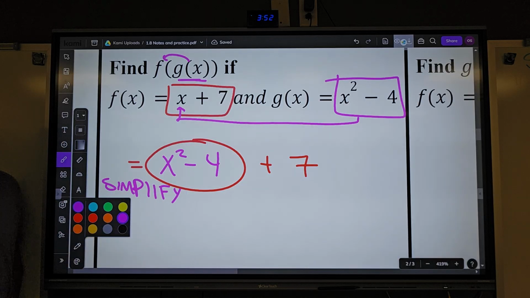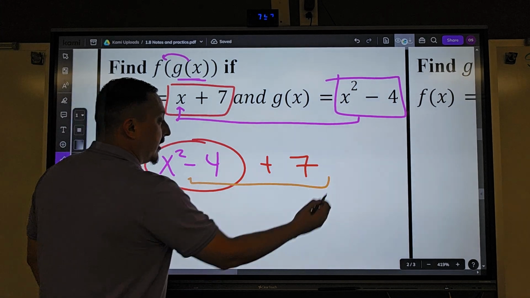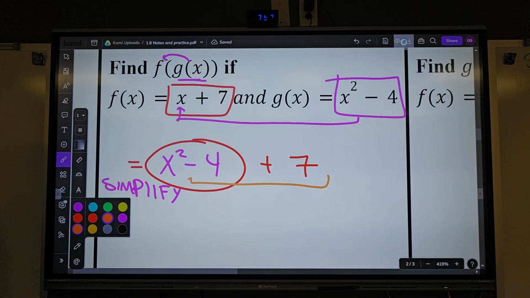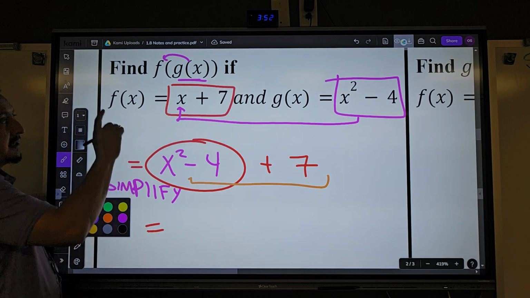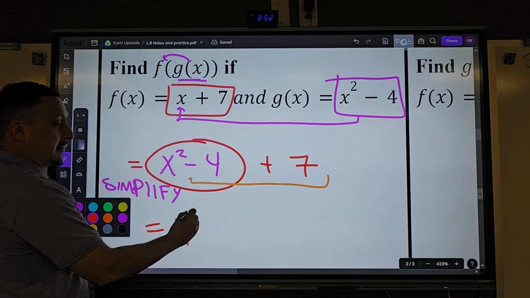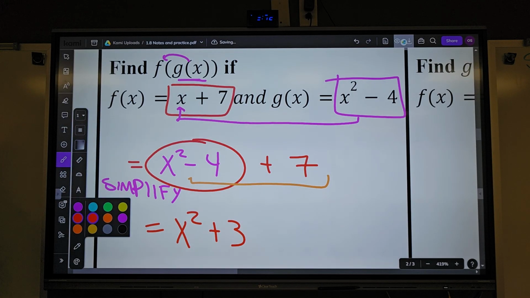So simplify just means add whatever you can add, multiply whatever you can multiply, shrink it down, right? So in this particular problem, I can add those two because they're just numbers. Okay, so when I compose these two functions, my answer ends up being that. Because 7 plus -4 is 3. And that's it.